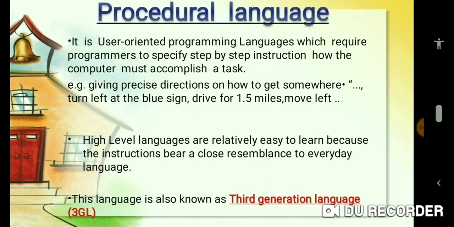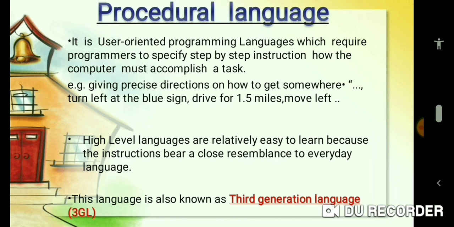High-level language is the user-oriented programming language which requires programmers to specify step-by-step instructions on how the computer must accomplish a task. For example, students, if I am giving you the instruction that today you go to the post office, then I have to tell you the way to get there.